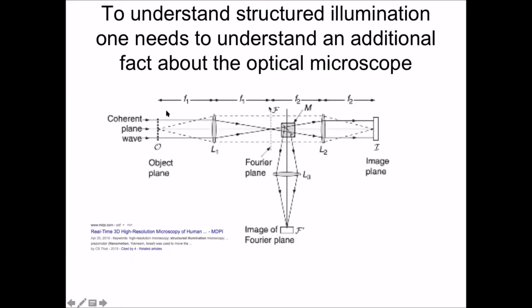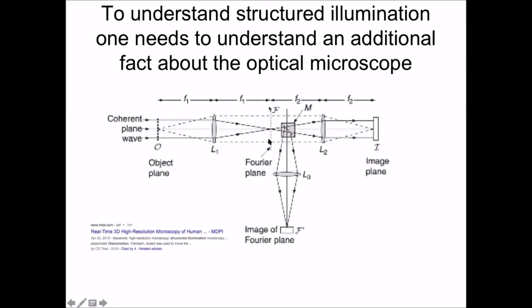Now, what happens is that you have an object, okay, in a microscope, and you have a lens, and you have a tube lens which makes an image, okay? Now, there is another plane in a microscope. It's called the Fourier plane.